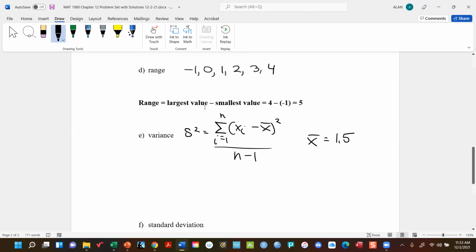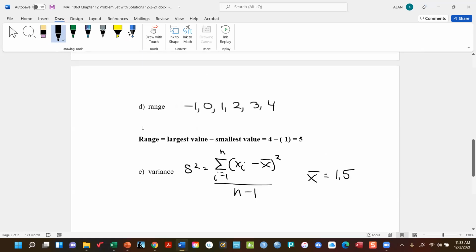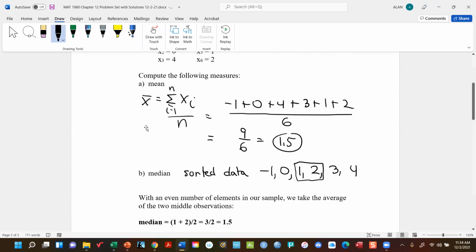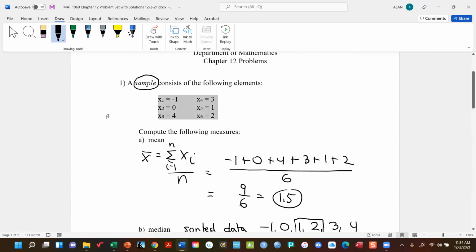Then you'll square each of those differences, add them up, and when you're done, divide by n minus 1. So let me go grab the numbers again so you can see them.